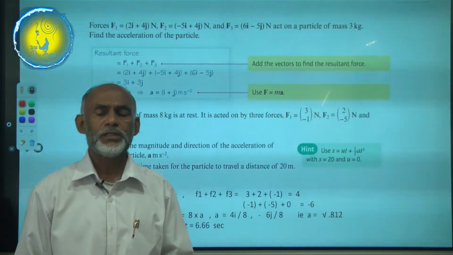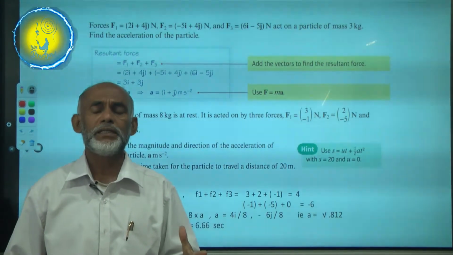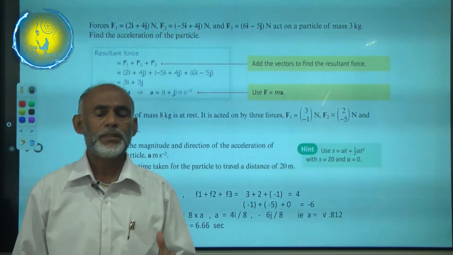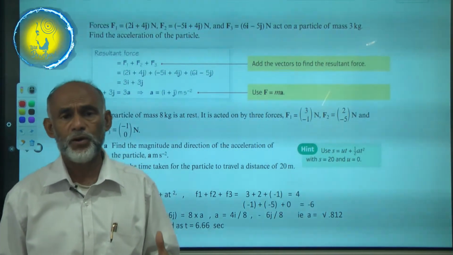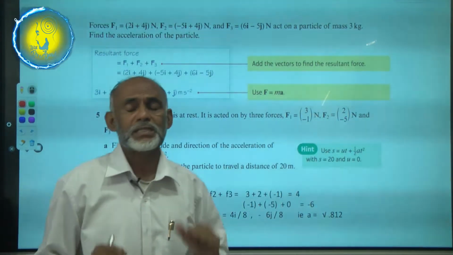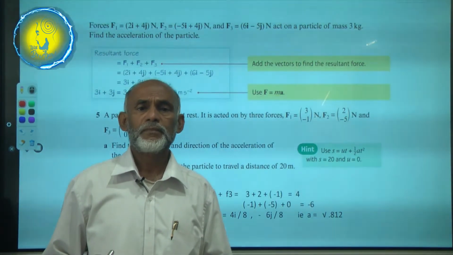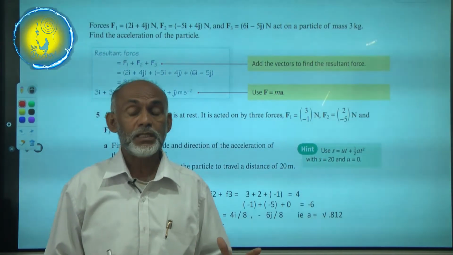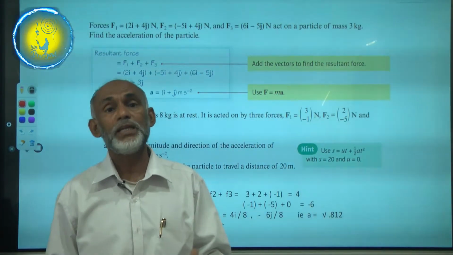The first law of motion you apply only in the equilibrium state. Newton's second law applies when it is moving with a constant acceleration. When it is moving with a constant velocity, the acceleration is 0. Then again you can go back to Newton's first law.